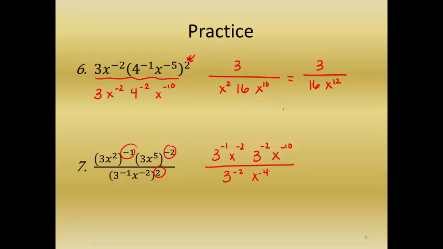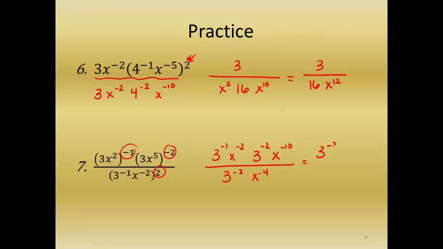So it seems as though everything from the numerator is moving to the denominator and everything from the denominator is going to the numerator. And you may be able to handle this in a different order, or if you can combine steps, you're okay doing that. But I'm going to take it step by step so everybody can see.